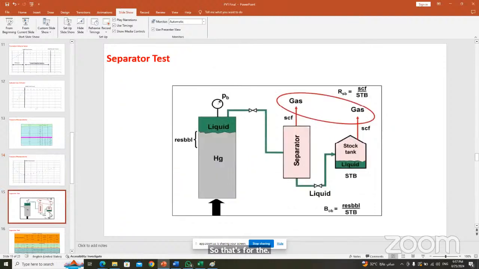Now for the separator test, or when we do an expansion test, or CCE or CME, it's also the same. So constant mass expansion, constant mass depletion, and differential test, we didn't consider the production conditions.